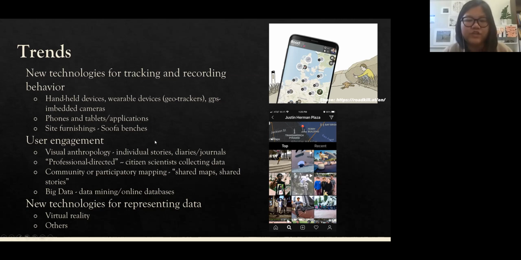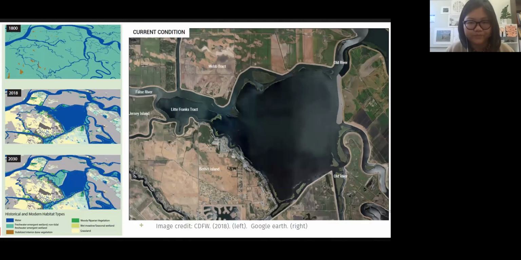And then with this user engagement, as we have talked about, we can invite the communities to generate data and visualization tools for us. We can also use virtual reality and other types of visualization methods to help us communicate design ideas. So this is a case study that I want to share with all of you.